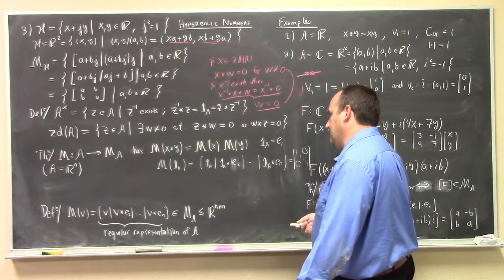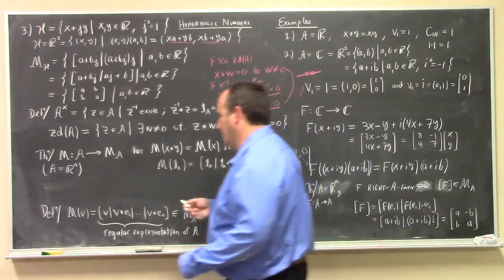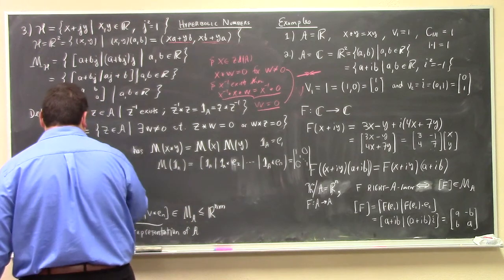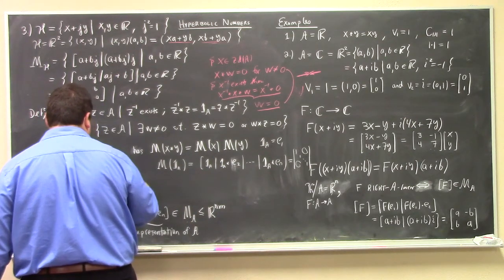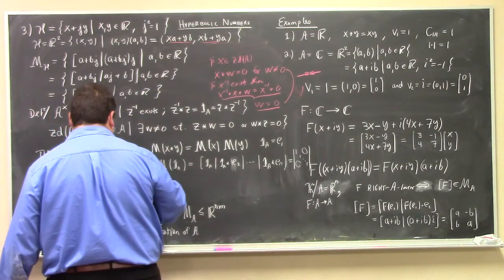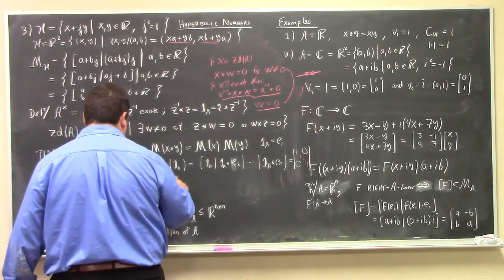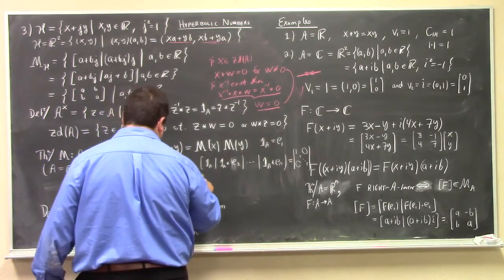Yeah, but there are other things we can prove here, like: Z is an element of the invertible elements of A, if and only if the determinant of the matrix corresponding to Z is not equal to 0.